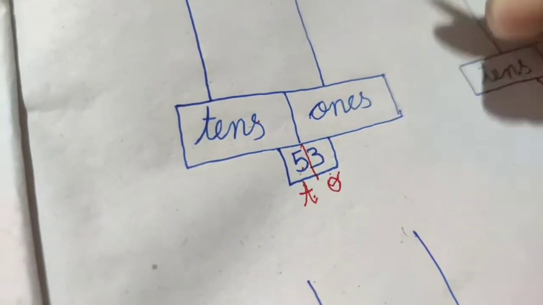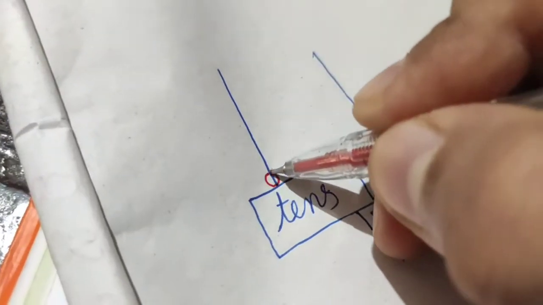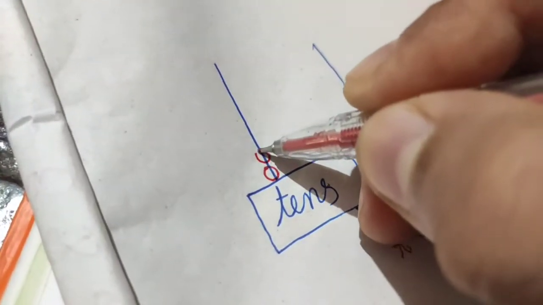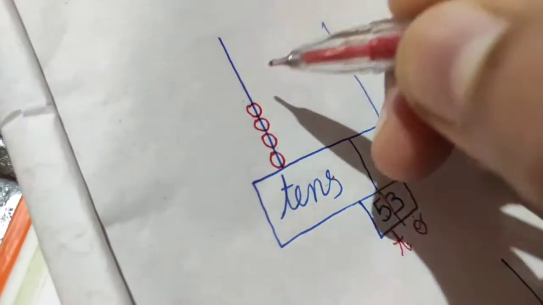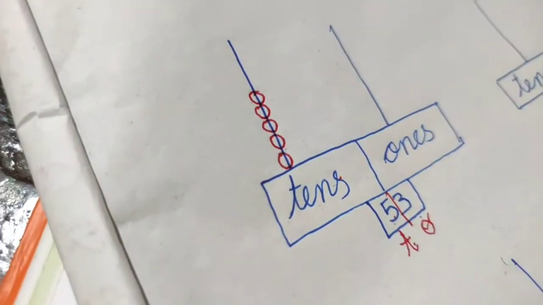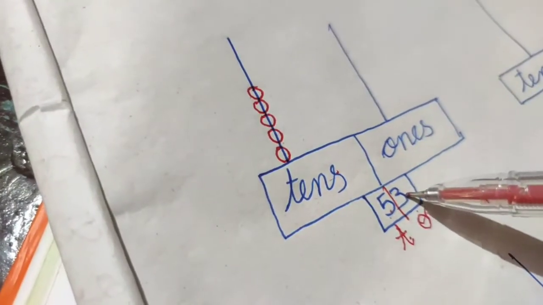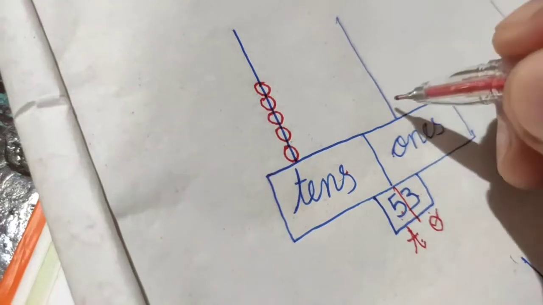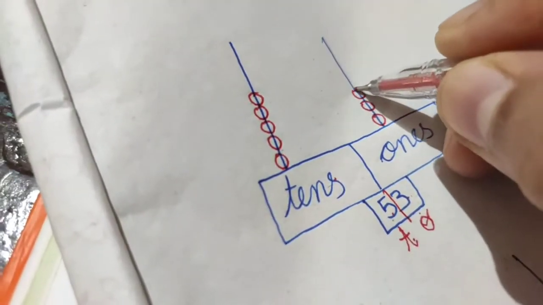Beads means circles. Okay. We draw here 5 beads: 1, 2, 3, 4 and 5. This way. Now in the ones rod we draw 3 beads: 1, 2 and 3.